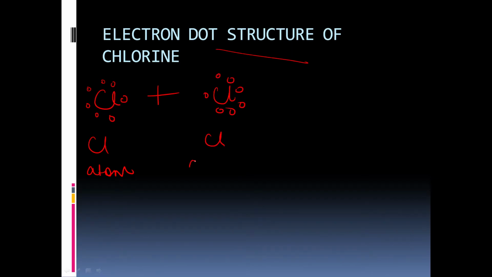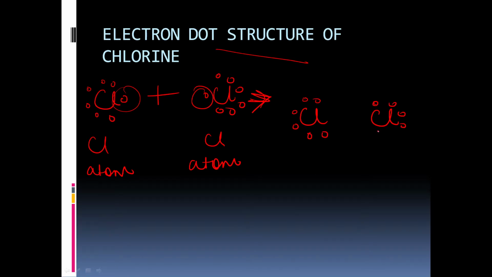Another chlorine atom. Now you can see they're lacking one electron. So if this electron combines with this electron, then they both can be stable, correct? This was before combination. After the arrow, after combination, chlorine 2, 4, 6, one atom of this.